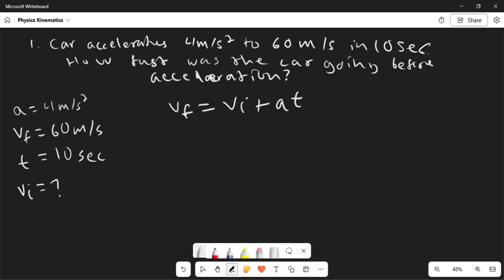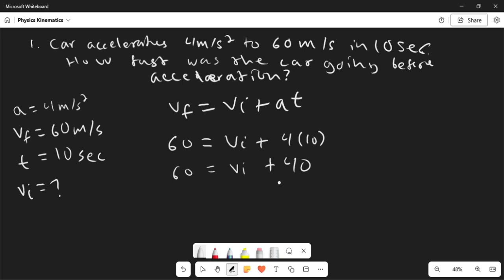So we're going to plug in the velocity final, which is 60, equals velocity initial, which we don't know, plus acceleration, which is 4, times the time, which is 10. So we simplify this further. We get 40 plus velocity initial equals 60.